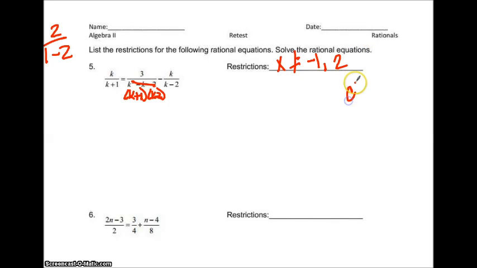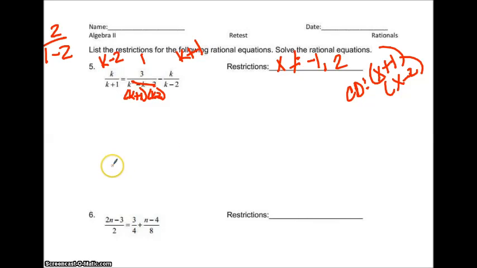So just to help myself out, I like to list my common denominator, and it is x plus 1 and x minus 2, or k, whatever letter you want to use. So when I compare my common denominator with the bottom of this fraction, it's missing k minus 2. This one is all good. This one is missing k plus 1.